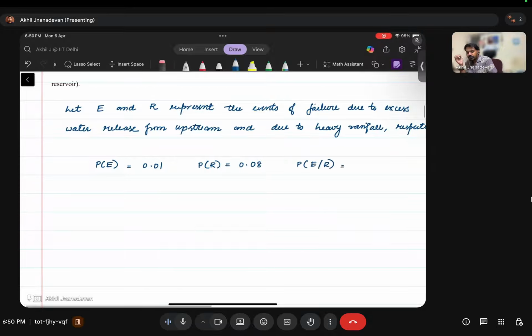It is given that it is a heavy rainfall day, then the probability that it will fail due to excess upstream inflow coming is 0.5, right? So now we can come up with the first part, that is the probability of failure of the embankment.